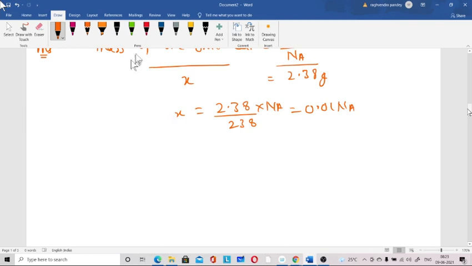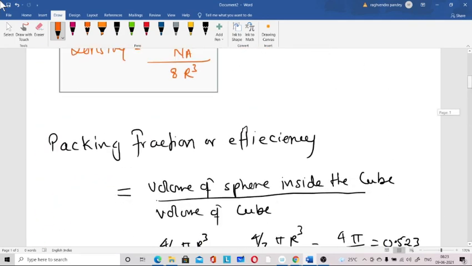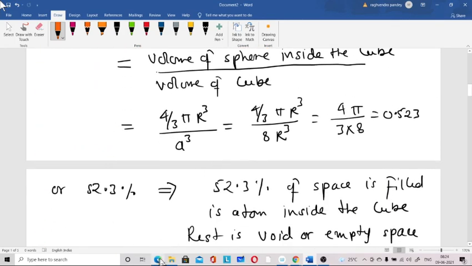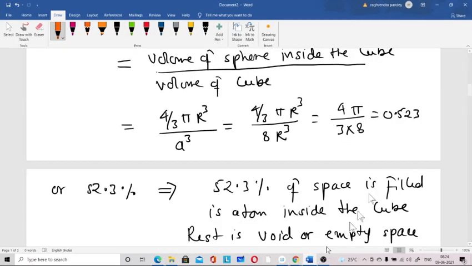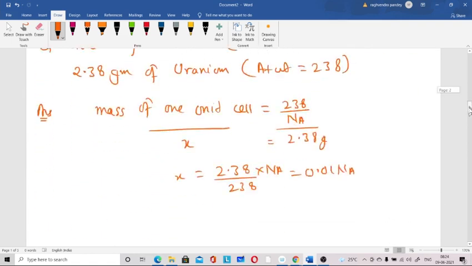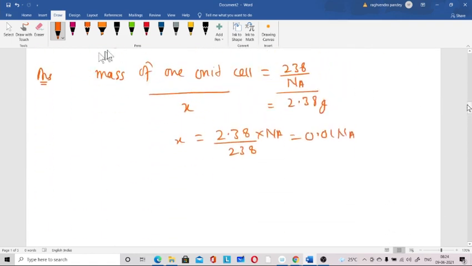So for these primitive unit cells, almost all the questions are simple. You just have to remember the relation 2R is equal to A, and the 1/8 contribution and all those things. Now, sometimes they ask you a question about what practically happens.